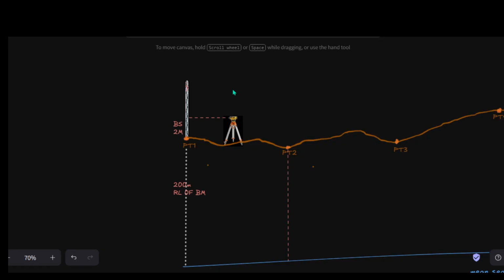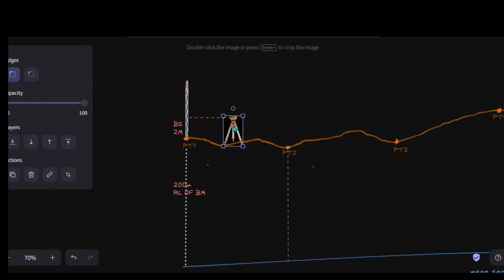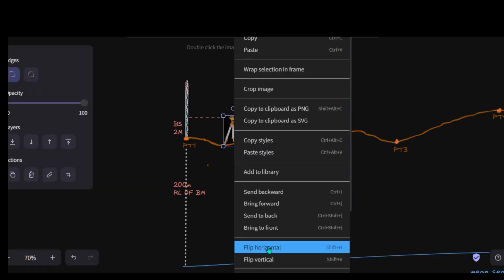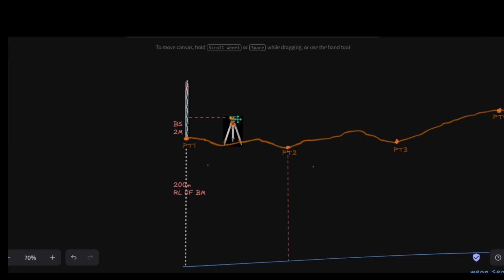Now, the instrument is supposed to be positioned this way, because where your eye is supposed to view from has a smaller lens piece, and where you're viewing the object, this ruler, has a larger lens piece.